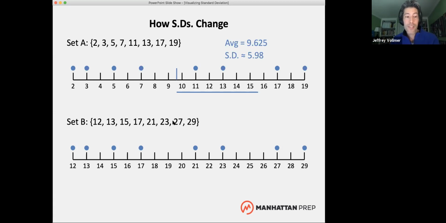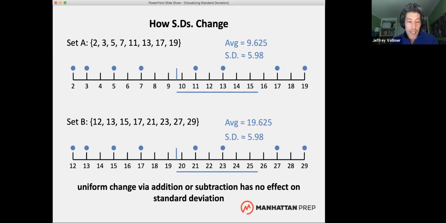But if we do this with set B, we'll find the average just shifts up 10, right? The average changes because every term has gone up by 10, but the spacing remains exactly the same. And so the takeaway here is, if you add or subtract a constant amount from each value in a set, the average will change, but the standard deviation will not.